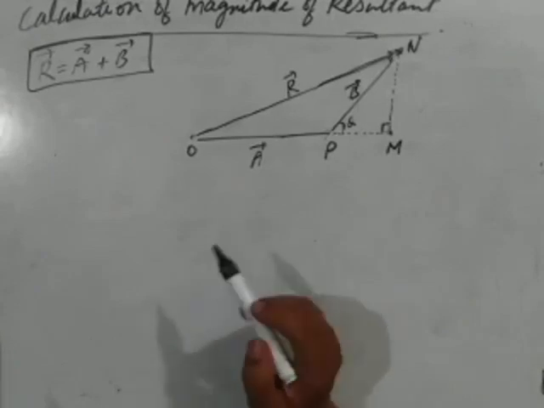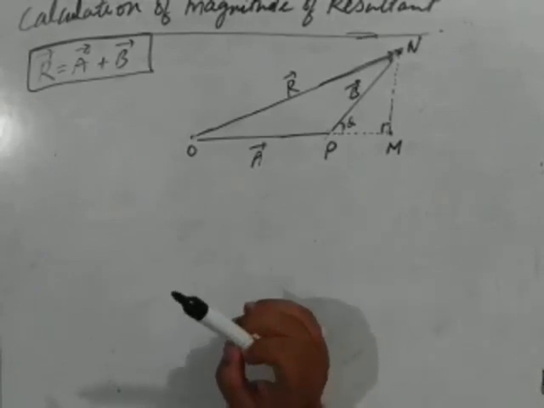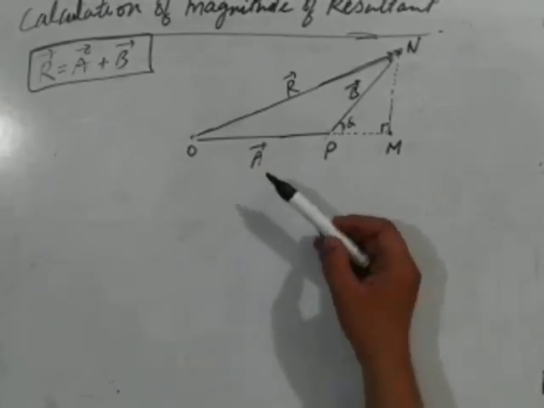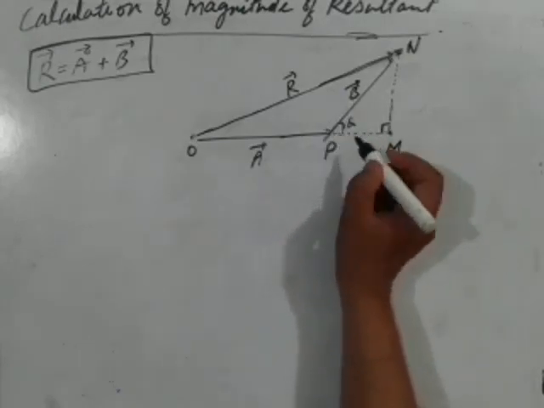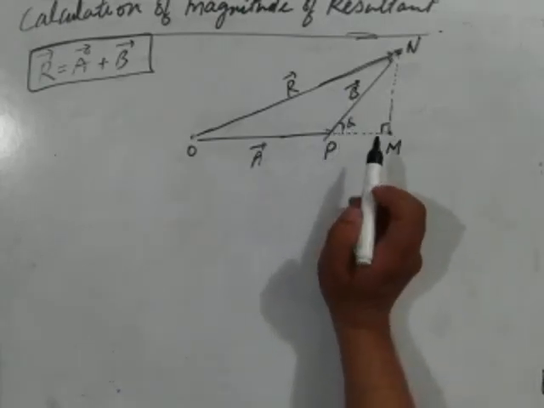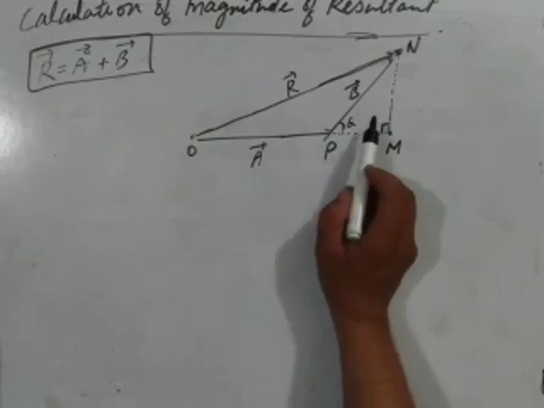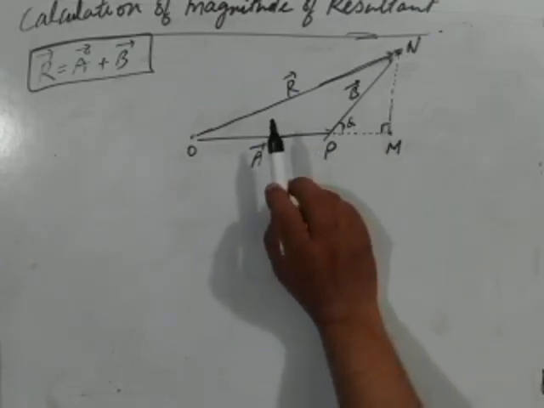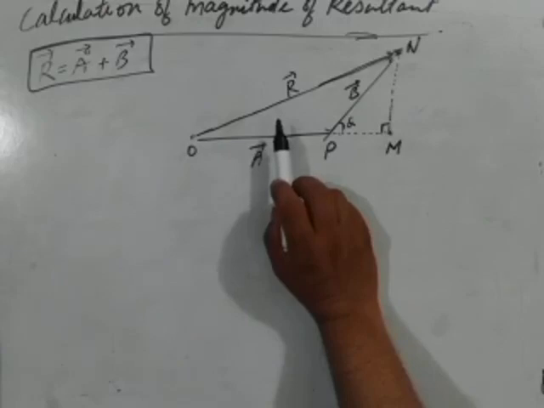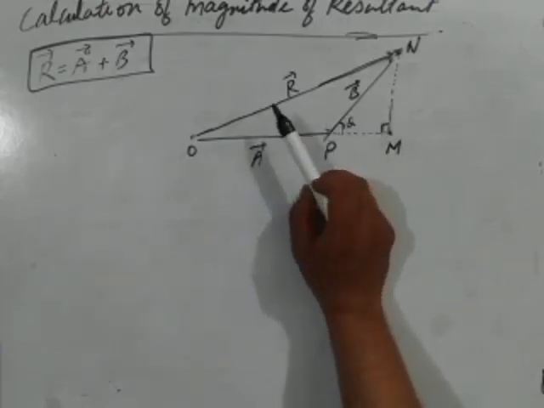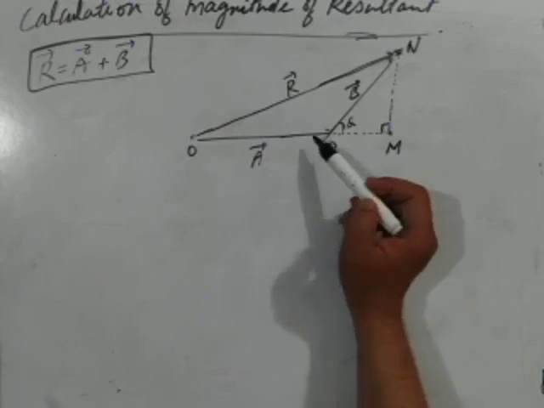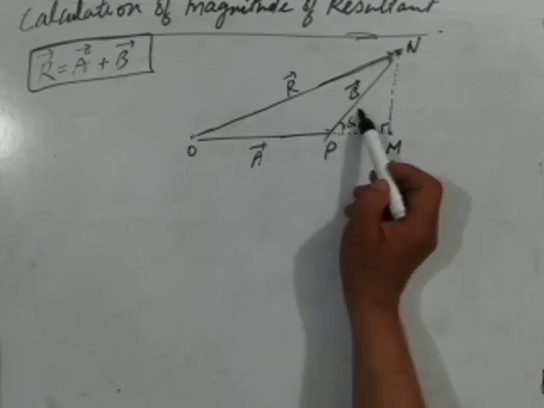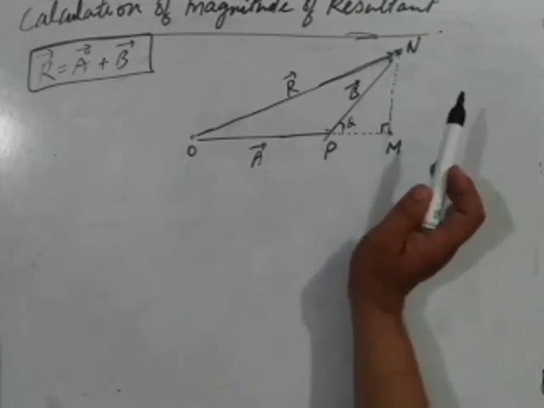So to find the resultant of the two given vectors A vector and B vector which are inclined with each other at a certain angle theta, we have used the triangle law of vector addition, in which we have placed vector B at the tip of vector A. Now these two vectors show the two sides of a triangle taken in order.